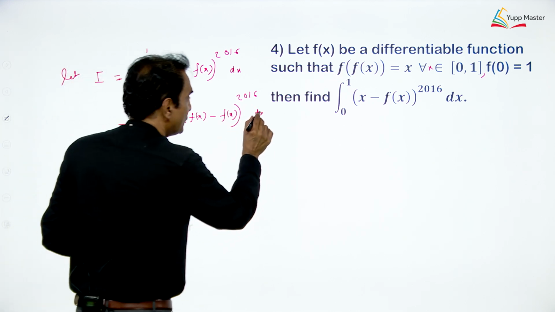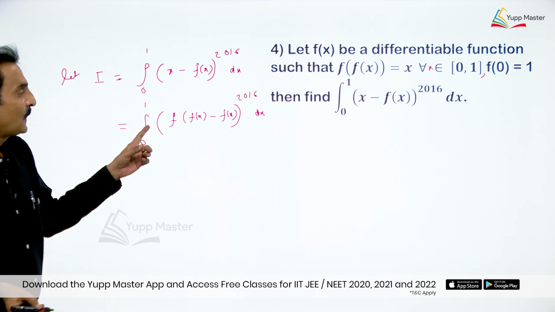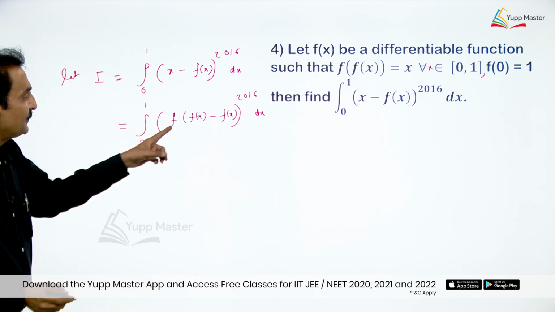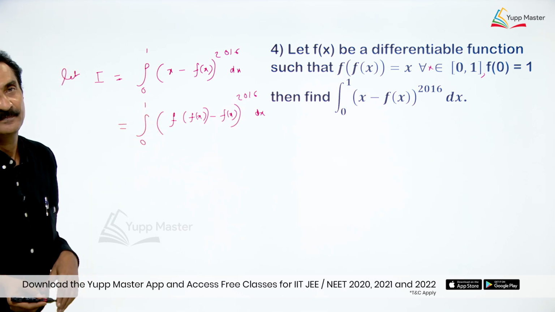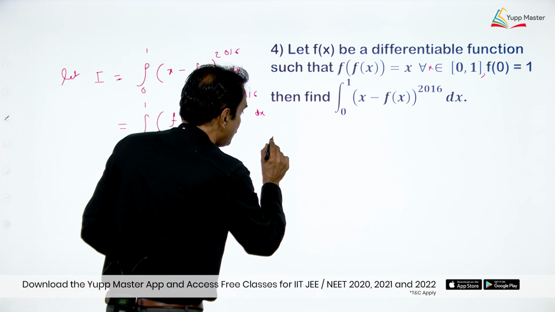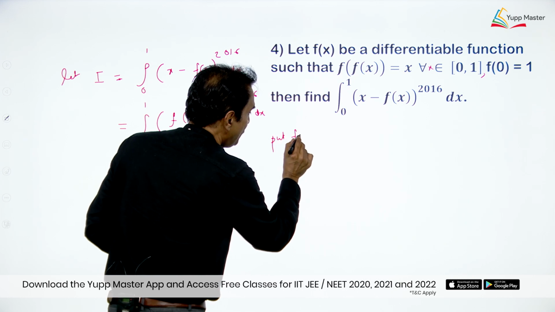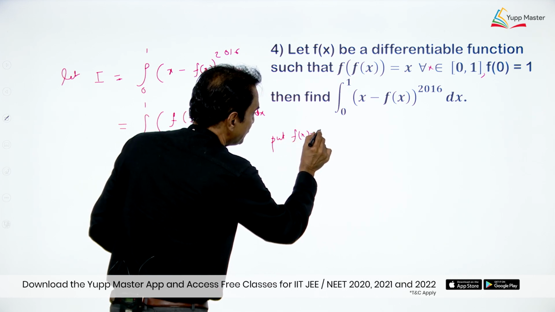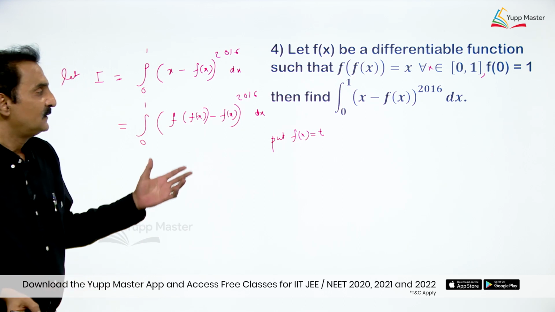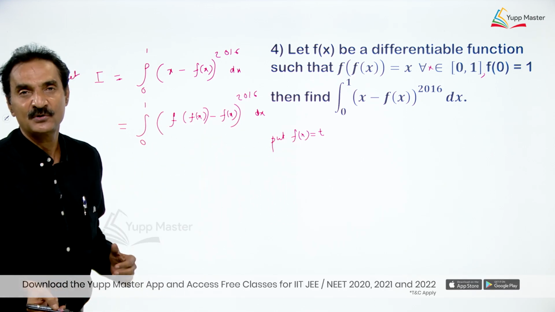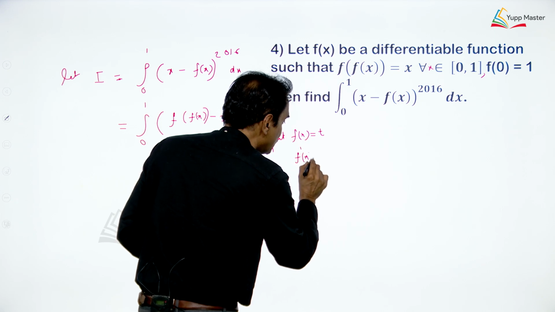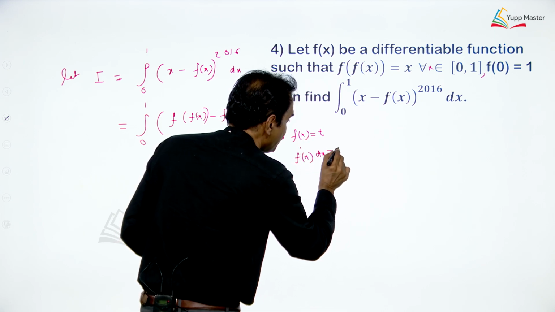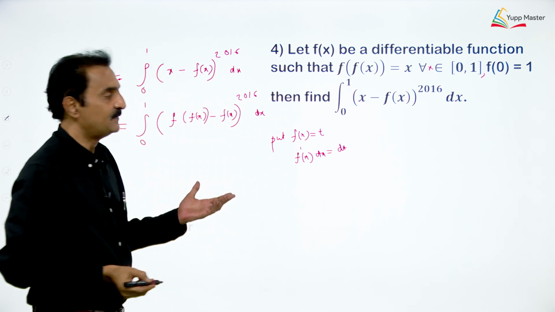Okay. Now, you put f of x is equal to t. Then differentiating on both sides, you will get f dash x dx is equal to dt.